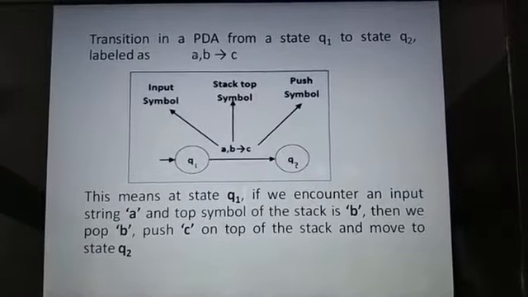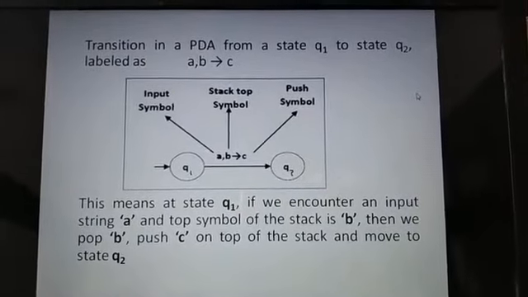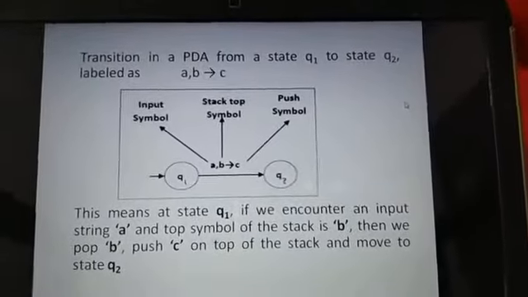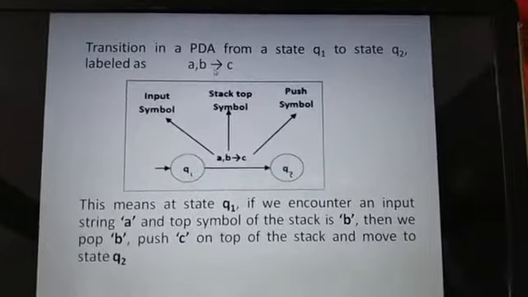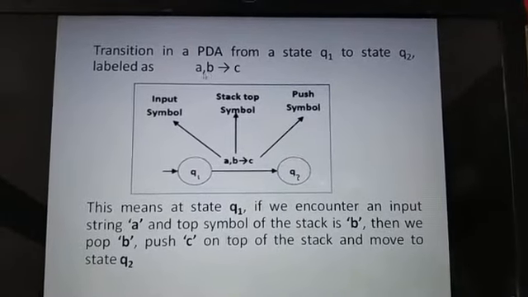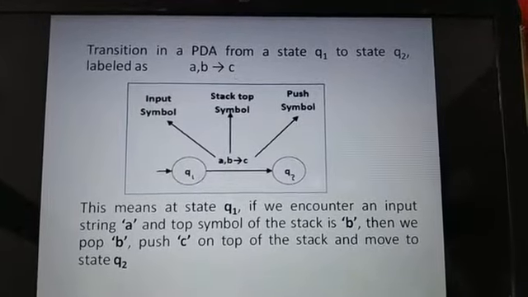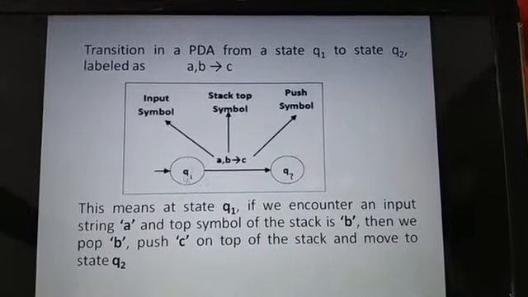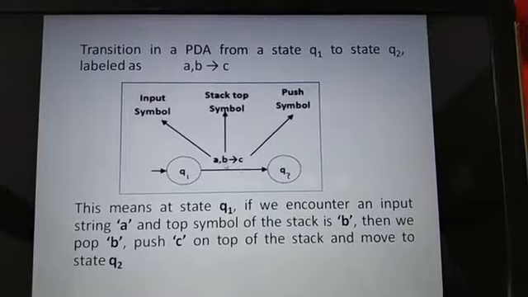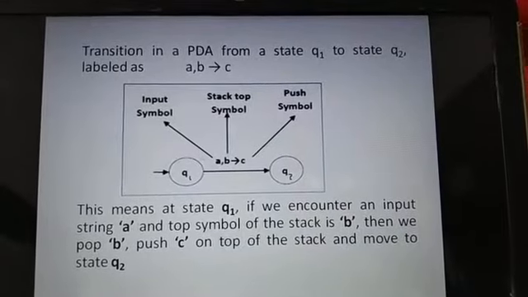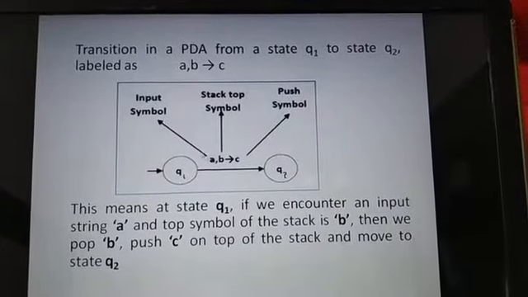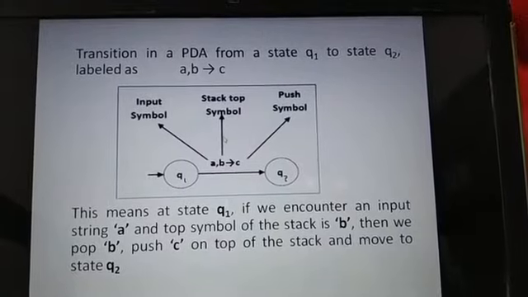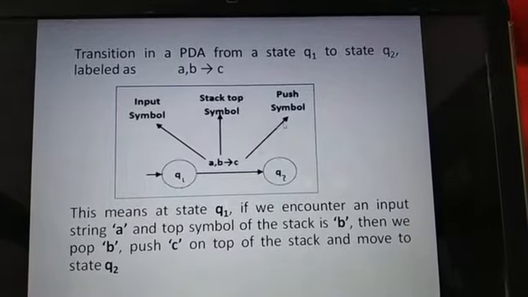Now, the transition in a PDA from a state Q1 to a state Q2 is labeled like this: A comma B produces C. So, what does this mean? If from Q1 to Q2 this type of transition is there, it means that A is the input symbol, B is the stack symbol, and C is the push symbol.